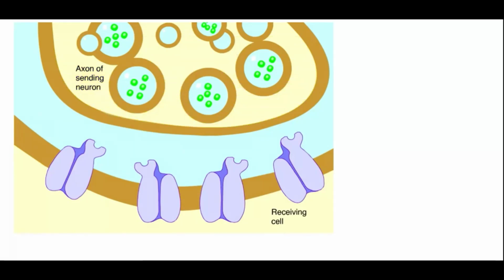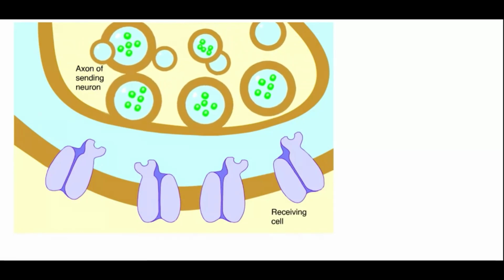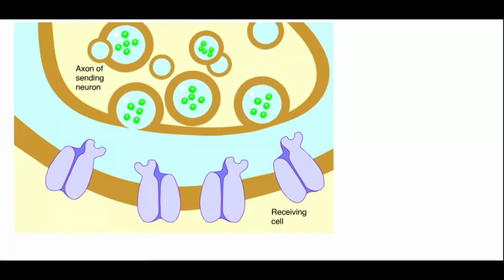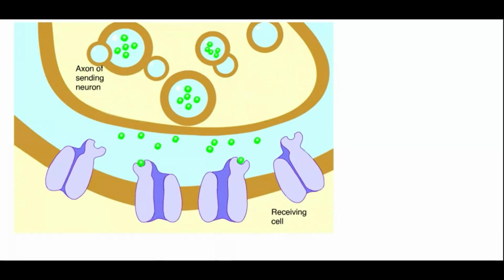This causes chemical changes that make vesicles containing a chemical called a neurotransmitter fuse with the plasma membrane. The neurotransmitter molecules spill out into the synaptic cleft, diffuse across, and bind to the receptors on the receiving cell's membrane. The binding of neurotransmitters to receptors causes the attached ion channels to open. Depending on the type of neurotransmitter, receptors, and channels involved, this may excite or inhibit the receiving cell.